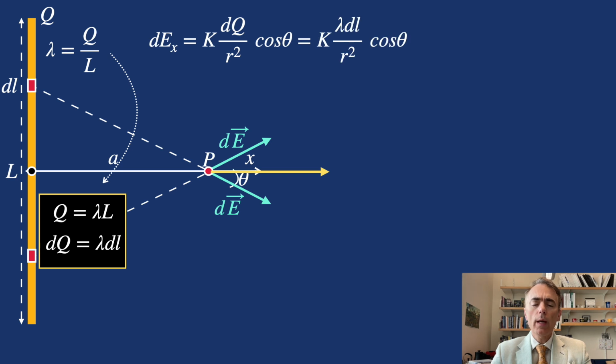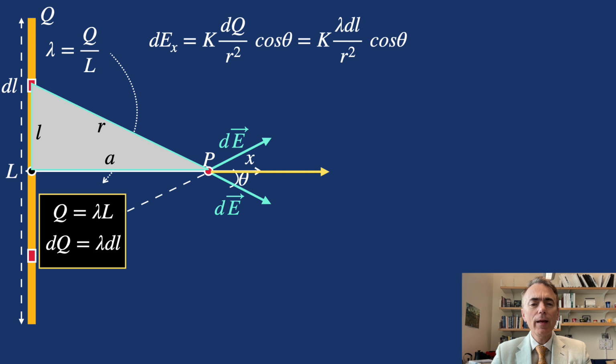Now, lowercase l goes from minus capital L over 2 to plus capital L over 2, where capital L is the total length of the rod, and lowercase l stands for the component along which we will integrate. Now I can write the cosine of theta in terms of the geometry.